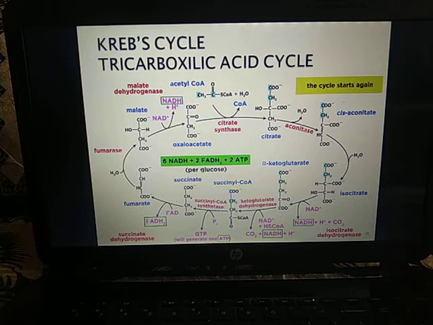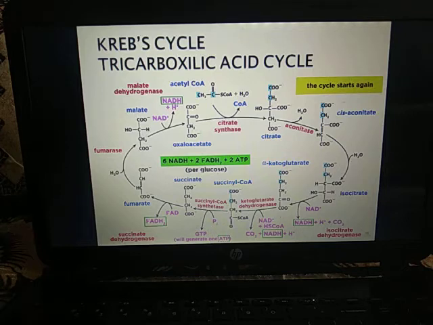A transient oxalosuccinate is formed as intermediate, and this undergoes decarboxylation, and there is formation of 5 carbon alpha ketoglutarate, that is also known as 2 oxoglutarate. Now NADH, that is NADPH according to some workers, is produced. So some say NADH and some say NADPH.